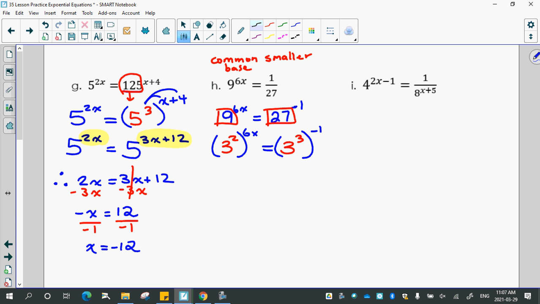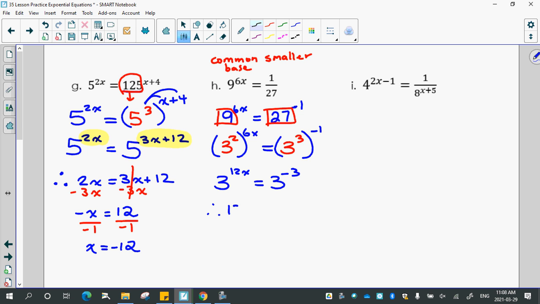So then I have to use the power of a power rule and keep the base and multiply the exponents on both sides. So I get 3 to the 12x equals 3 to the negative 3. So now I've got 3 to the something equals 3 to the something else.